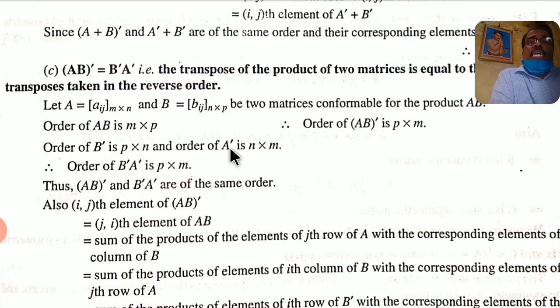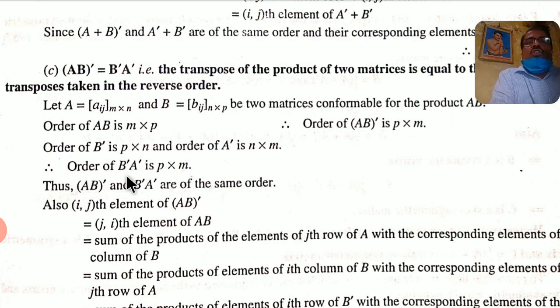Now the order of B' into A'. We multiply these two, B' and A'. When we multiply them, the n cancels and the order becomes P cross m.